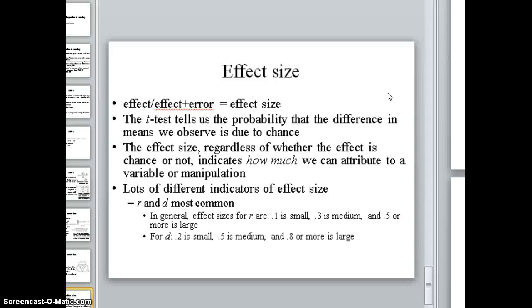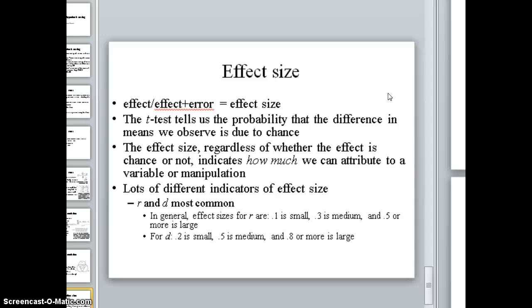So we could have a big difference in means, but it may not be greater than we would expect given the sample means and our estimate of the population mean. Put another way, the effect size tells us how much of an effect can be attributed to a variable, or how much we can predict with another variable.